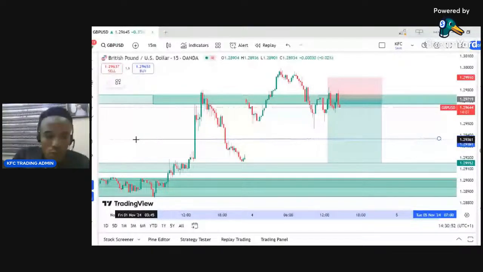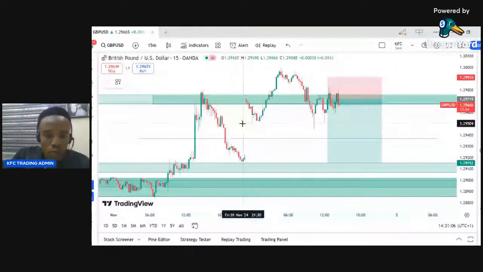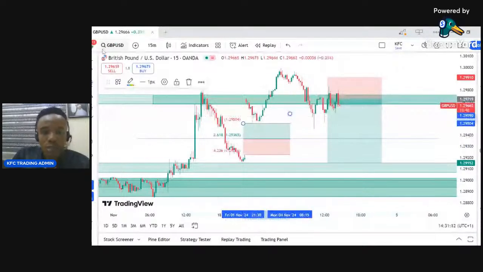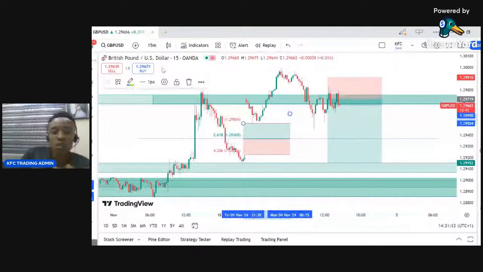This is the consequent encroachment. What is consequent encroachment? It is like the equilibrium, or let's say the middle from this gap to the next gap. Can you see? I didn't use the fib tool, but I was able to get the middle.